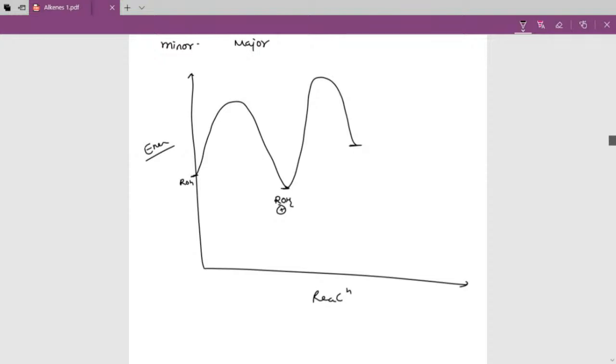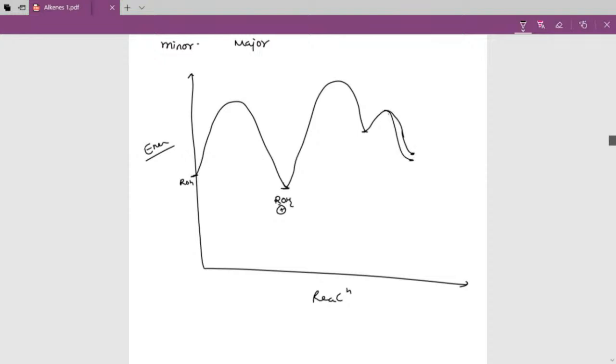Now it is forming two different alkenes. Say one alkene and another alkene.